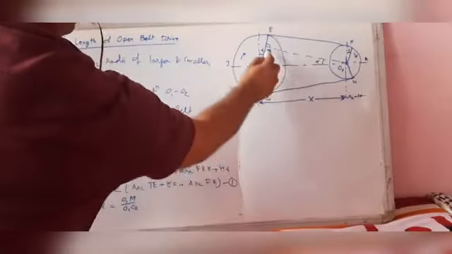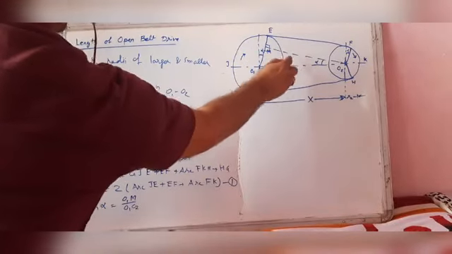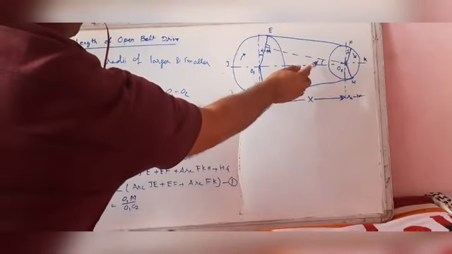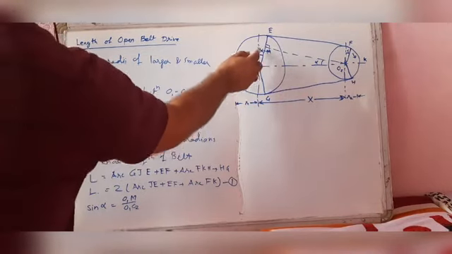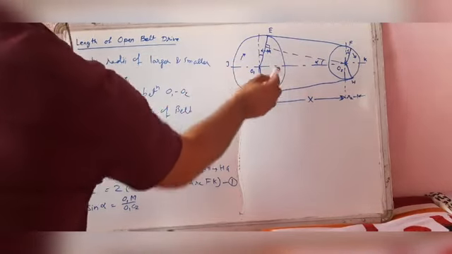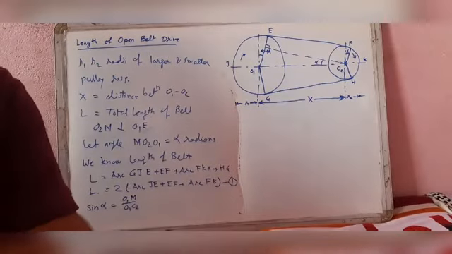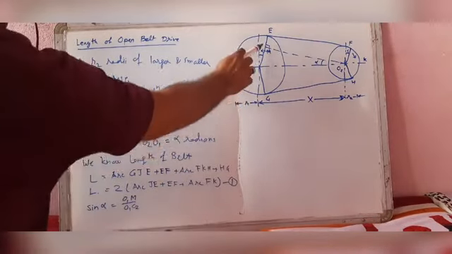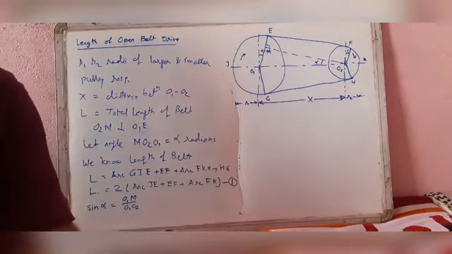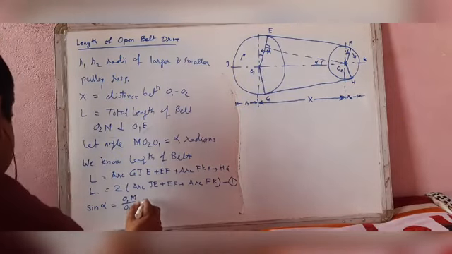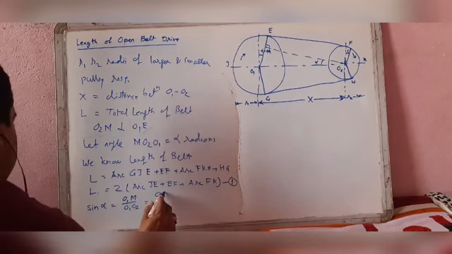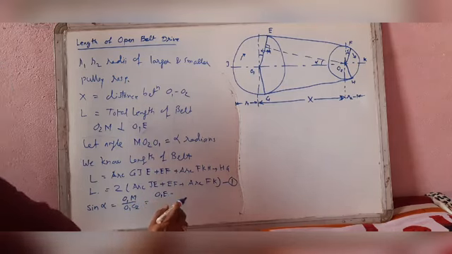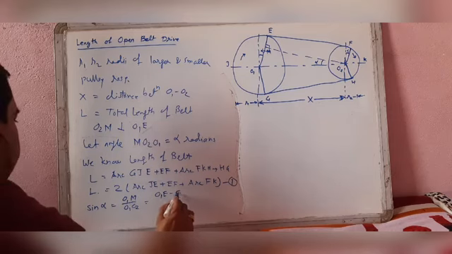Here this is a right angle triangle, so sin alpha is the opposite, the perpendicular, over the hypotenuse, that is O1M by O1O2. The value of O1M is O1E minus EM.